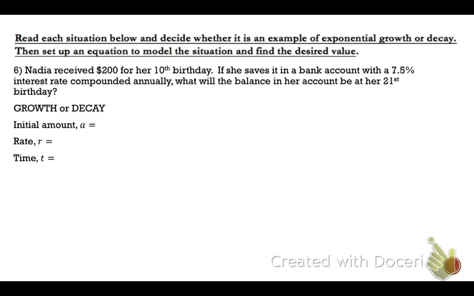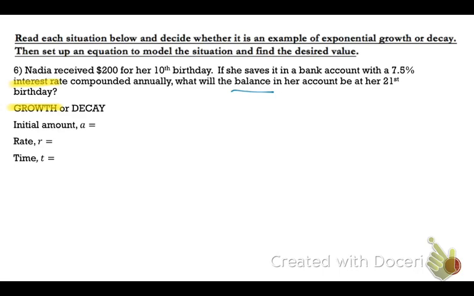Bank accounts often have a percent of money that they give you for keeping your money. And so that is called your interest rate. Interest rate is always going to be an increasing, a growth situation. So we've got a situation of growth here. Balance is the word that banks use to indicate the ending amount.